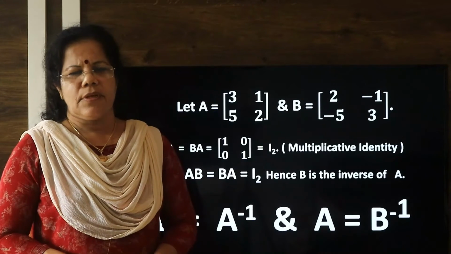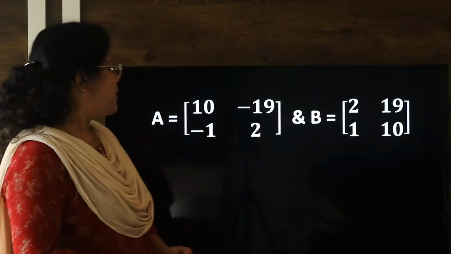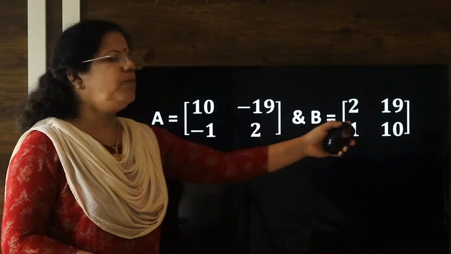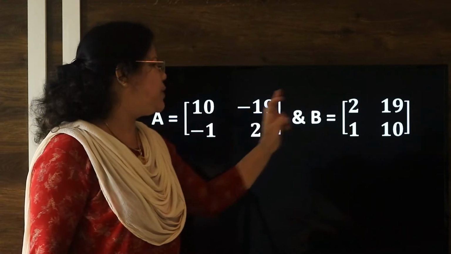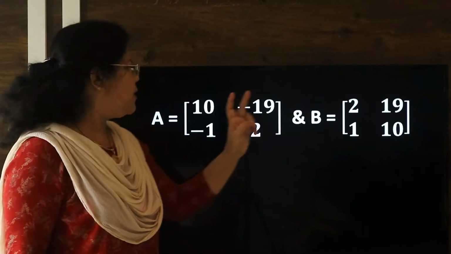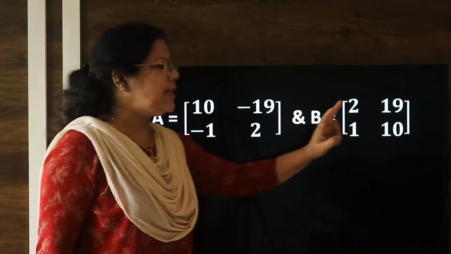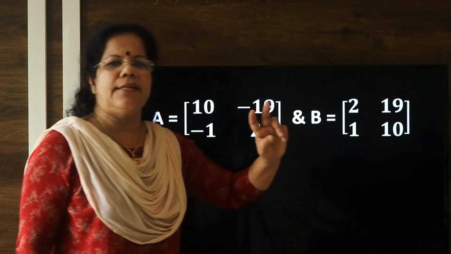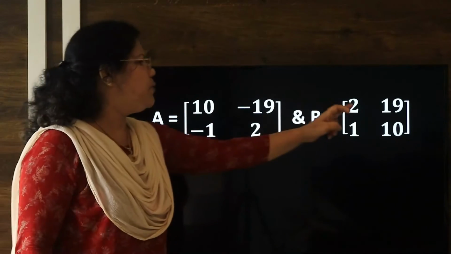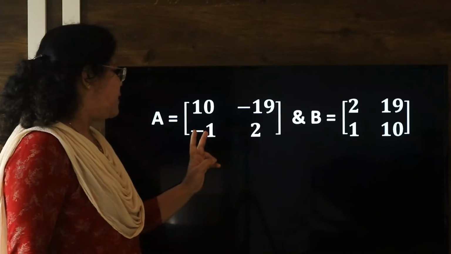Now another example. Two matrices are given. Find out the product here also: 10 into 2, 20 minus 19, 1. 190 plus negative 190, 0. Negative 2 plus 2, 0.